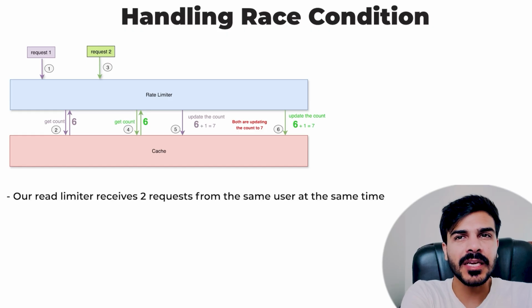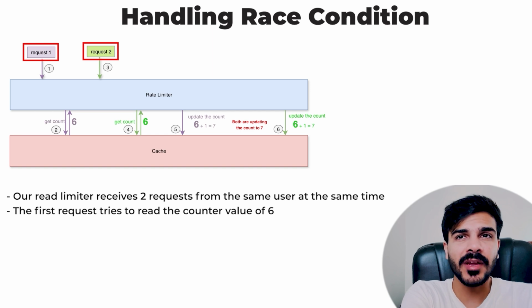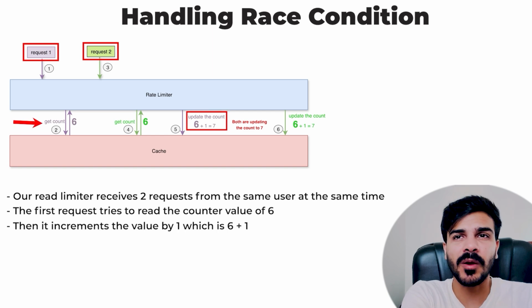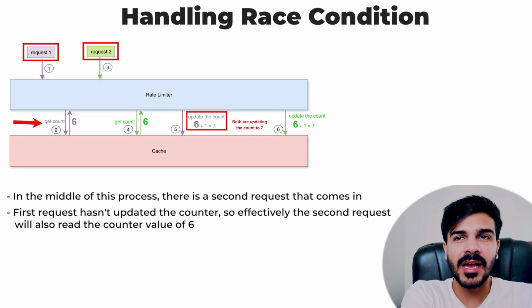Let's say that our rate limiter receives two requests from the same user at the same time. The first request tries to read the counter value of 6 and then it increments the value by 1, which is 6 plus 1. Now let's imagine that in the middle of this process, there is a second request that comes in, which is highlighted by green in the diagram. Now our first request hasn't updated the counter.